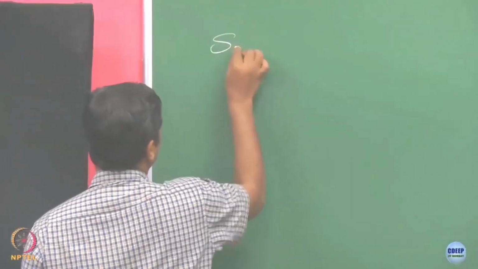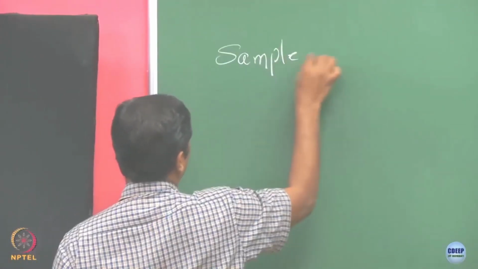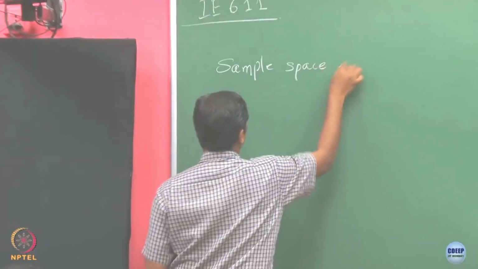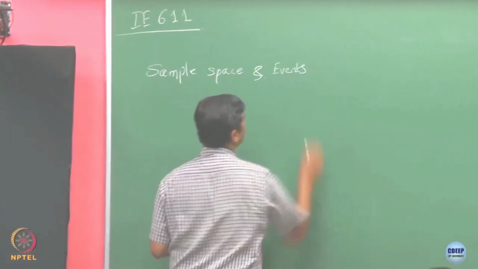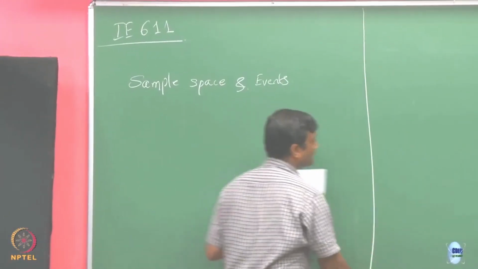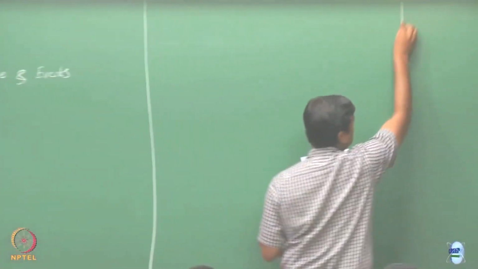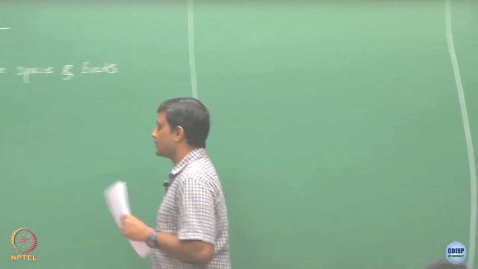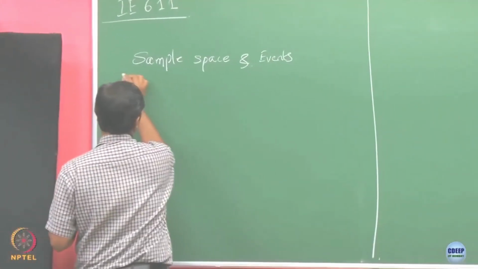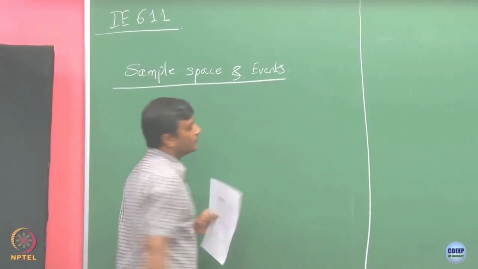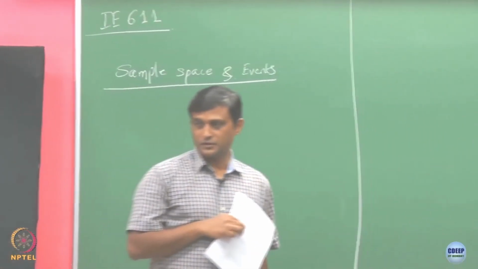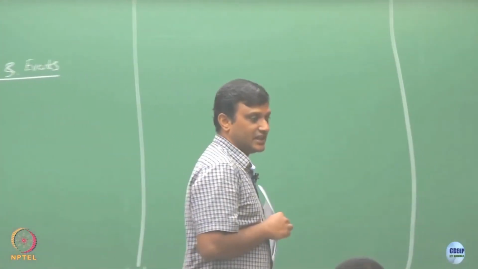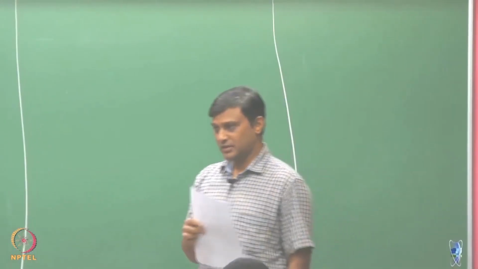Okay, so the first thing we are going to study is this. When you are going to model something, there is a set of possible outcomes associated with it.